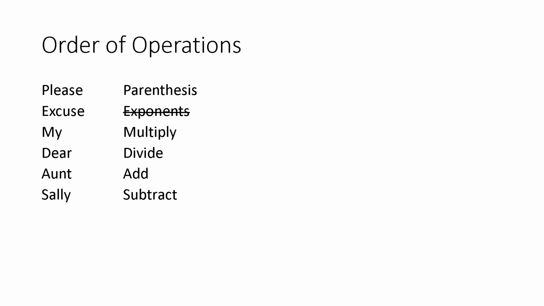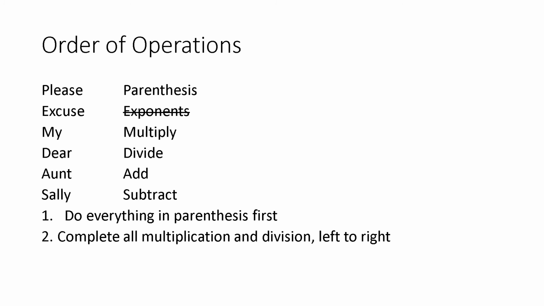So there are 3 steps, 3 rules to good order of operations that you need to remember. The first one is you'll do everything that's in parentheses first. That's why parentheses comes first. If you had exponents, then you would do exponents. We don't have exponents in this math class, so you don't have to worry about that. Second rule is to do all of your multiplication and division going left to right, whichever problem shows up first.